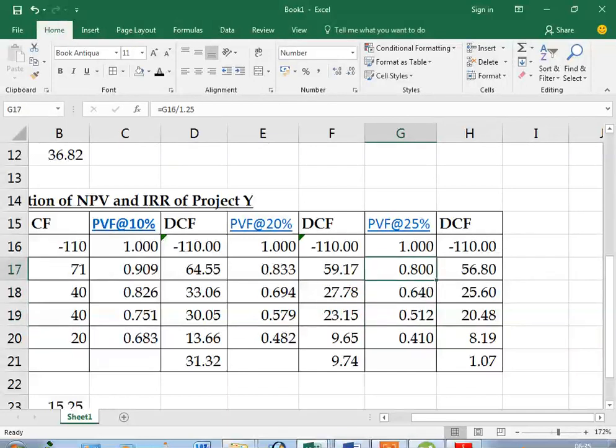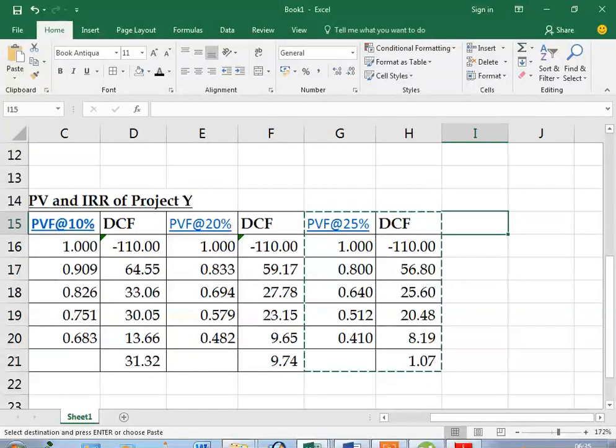Try 30%, you will have to recreate this again. This is the problem which you'll always face with IRR.